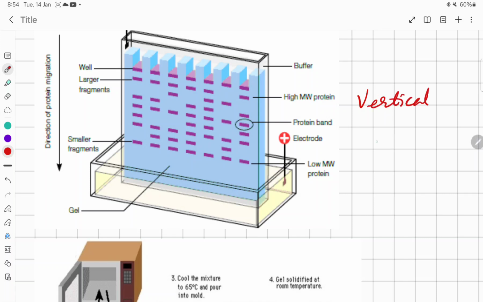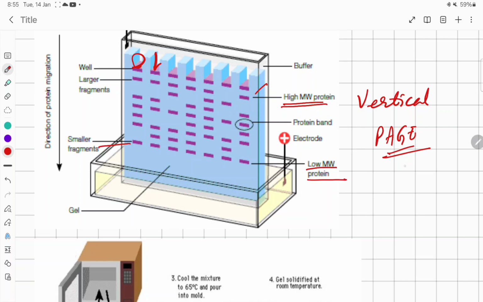So the run is vertical in case of PAGE, and we can see these are the wells. In the wells we have put the sample, and the larger fragments, the high molecular weight proteins, are near the well, and the smaller fragments, which are the low molecular weight proteins, are far from the well.